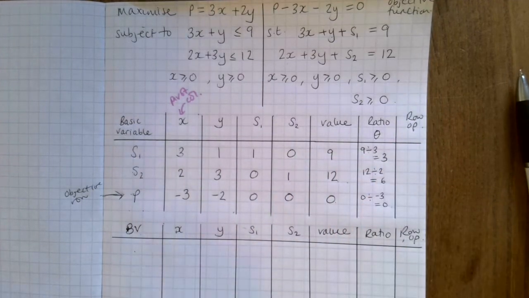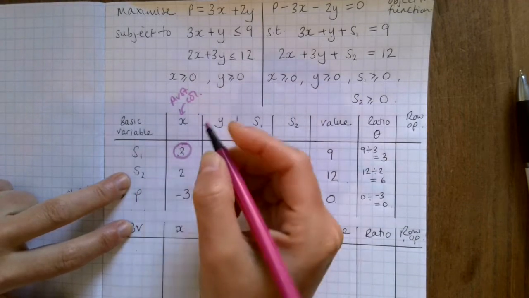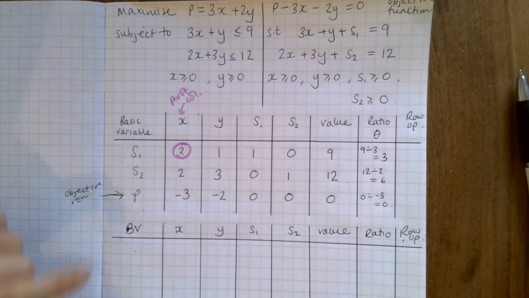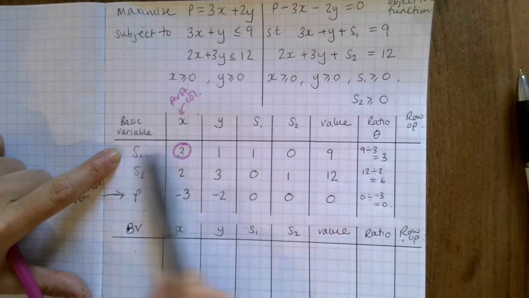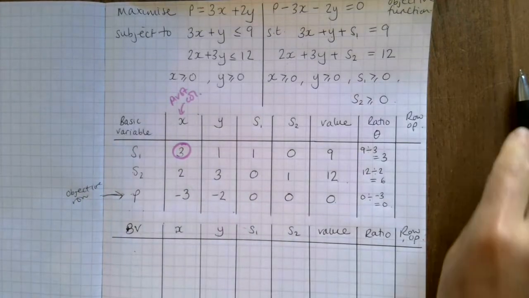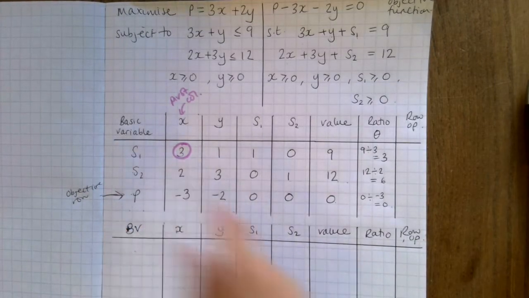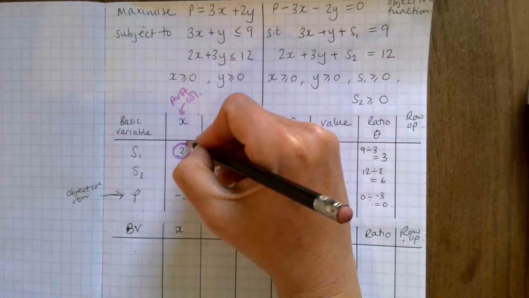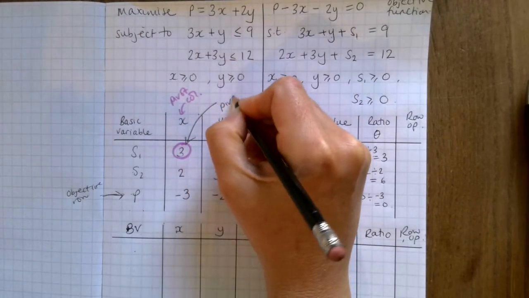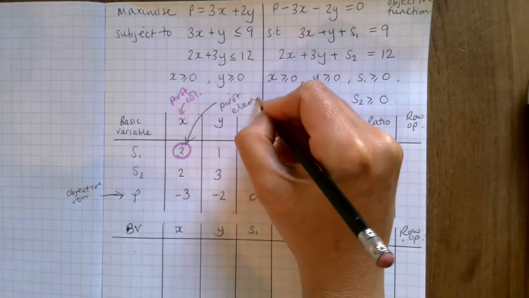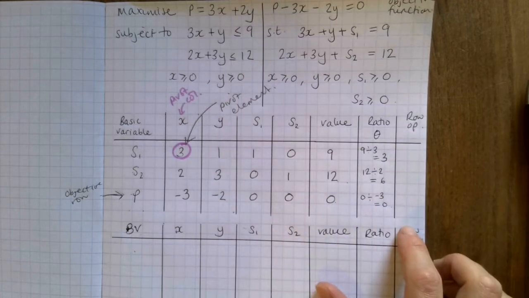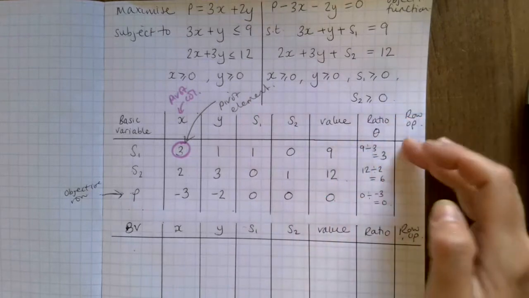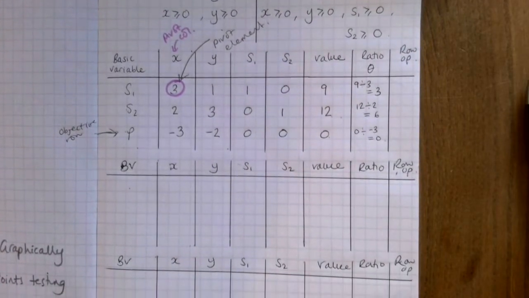That means that number there, in our pivot column, where we had the lowest positive value of theta, is our pivot element. I'll write that down because that's really important vocab. So that's our pivot element, and it all hinges around that number. We don't need the row operations column in this first table ever, but I added it so that they were all consistent.